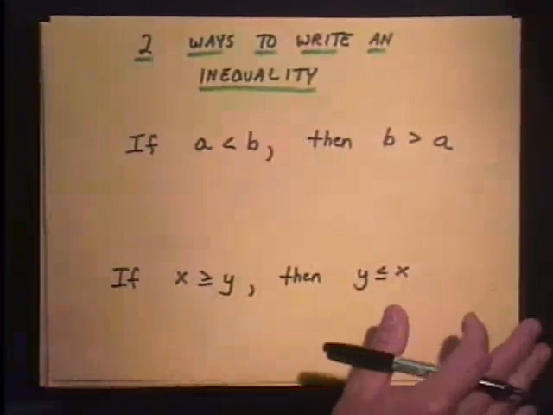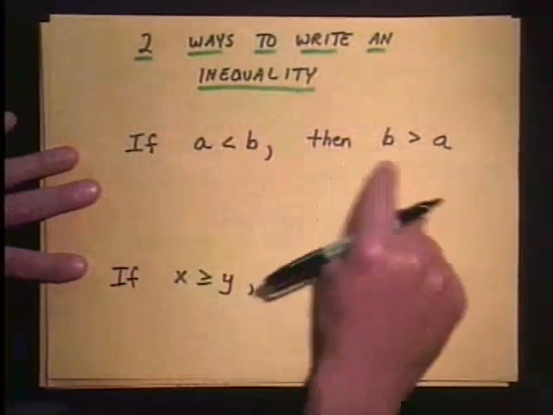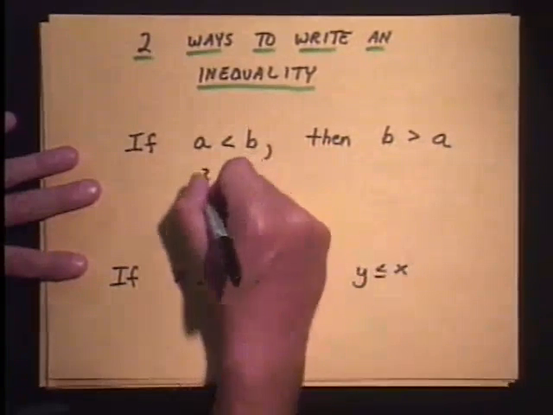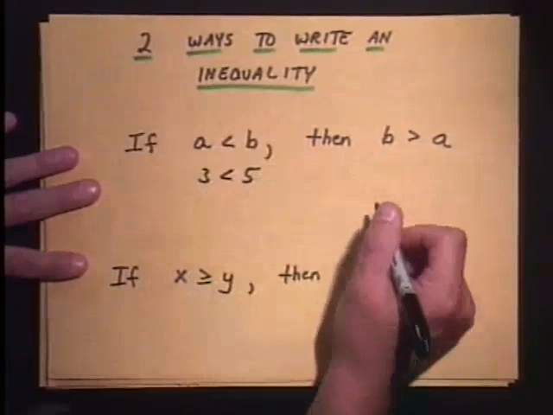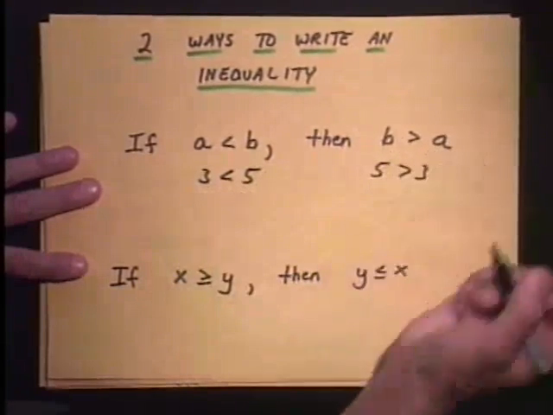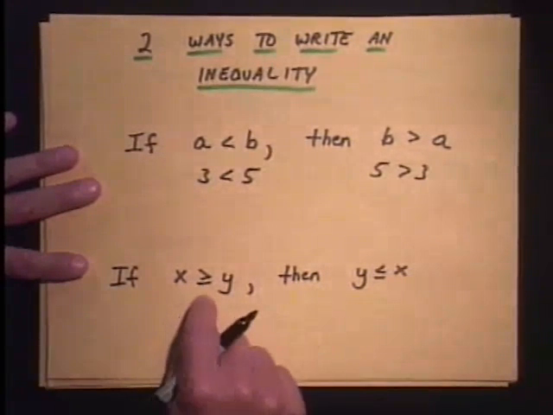All right. A couple ways to write inequalities. If A is less than B, then you could write B is greater than A as well. That makes sense. So in other words, if 3 is less than 5, doesn't it make sense then that if one's smaller, the other one better be larger? Yeah. Or in the second example, I threw the equal to in there.